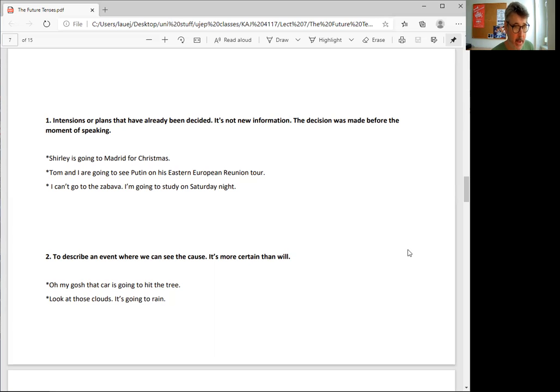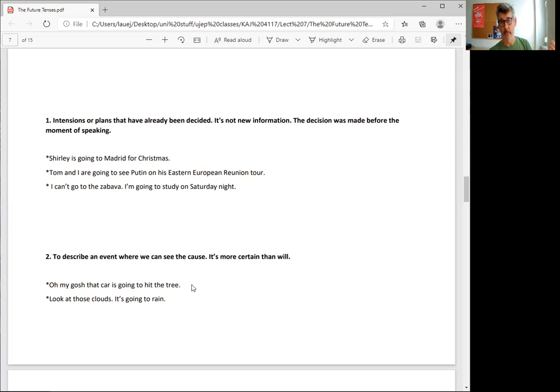Here we have, "Oh my gosh, that car is going to hit the tree." I look out the window, I see the car spinning around, the driver has lost control, it's heading towards a tree. It hasn't hit the tree, but I'm like, oh, it's going to hit the tree.